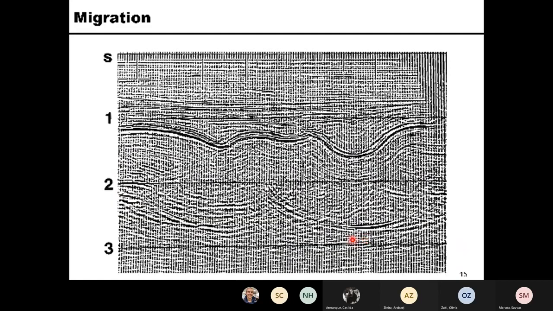After migration, you do see something like a syncline curve here. That syncline, I'm borrowing terminology from a model space, right? But actually, this is not really a subsurface structure. So this seems like an over migrated. Ideally, it should be single point or flat line. Okay, this for the deeper part.